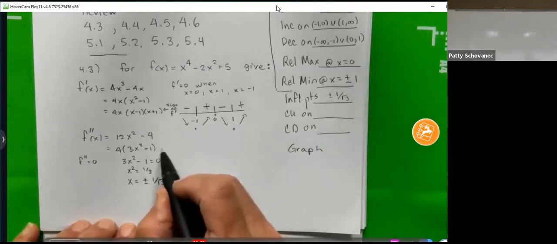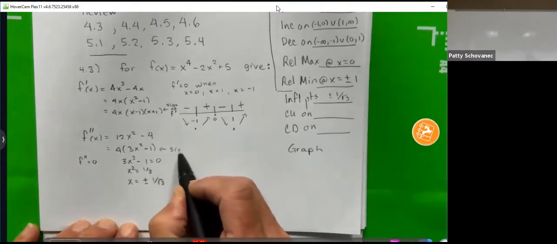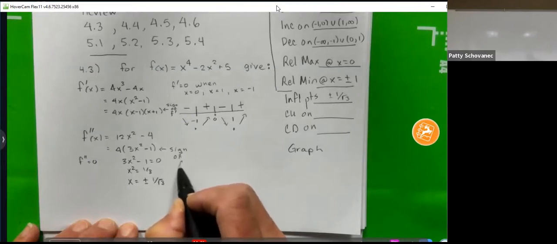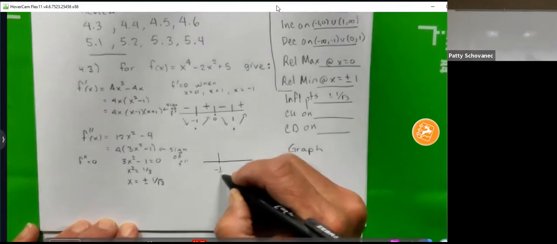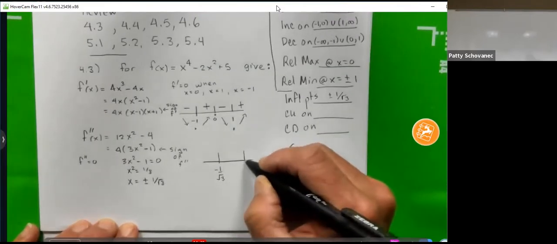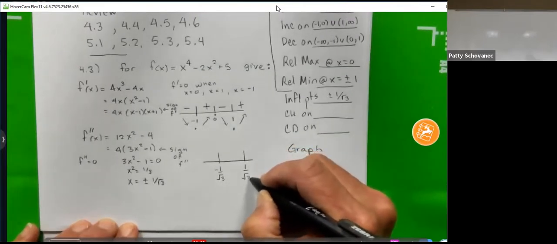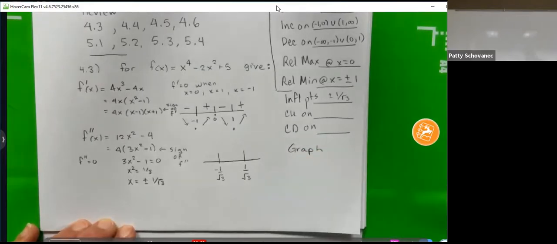And we're going to check the sign of f double prime in intervals around those two inflection points. I'm not sure I know how big square root of 3 is. It's about 1.7, I think.